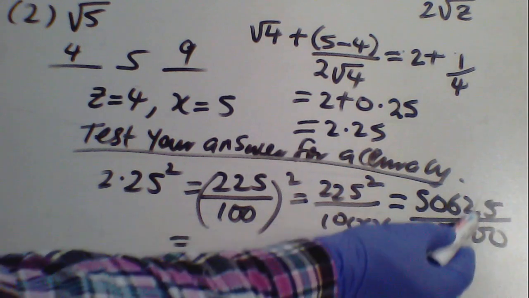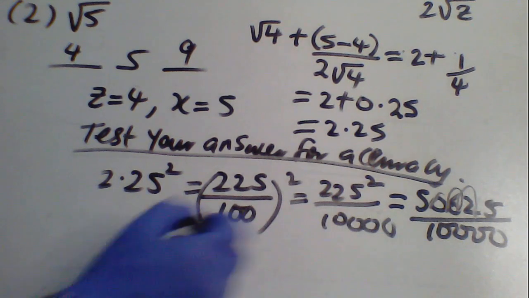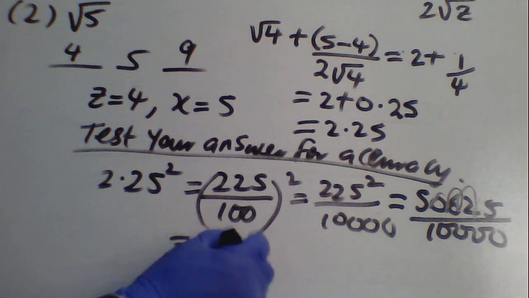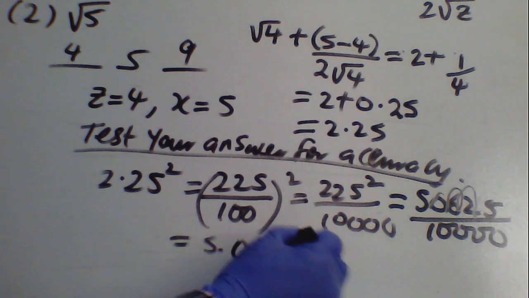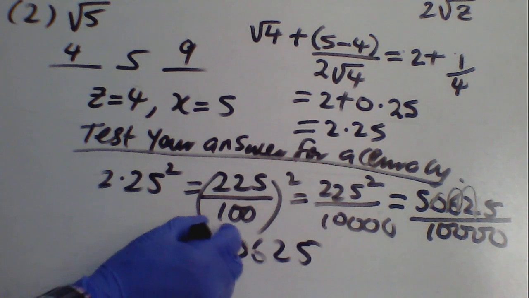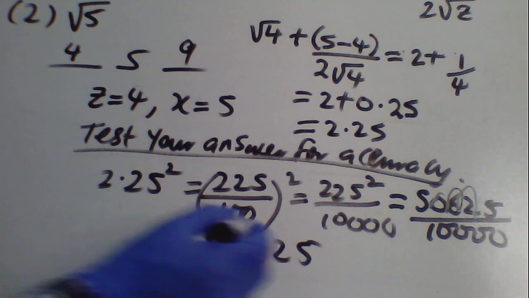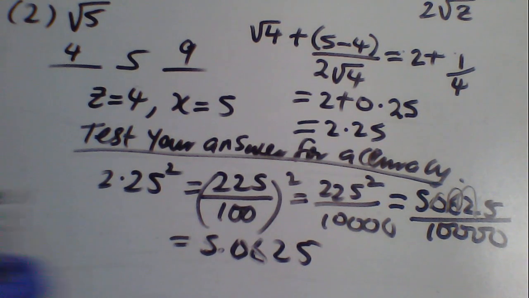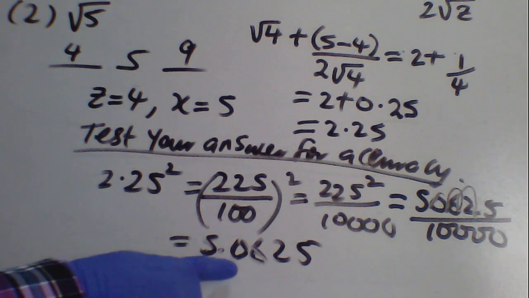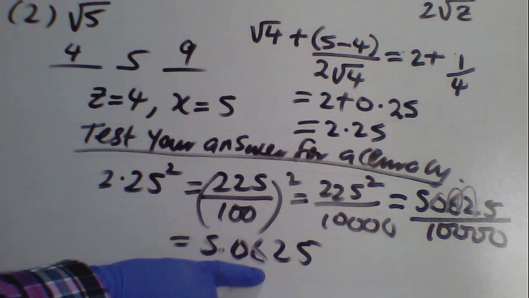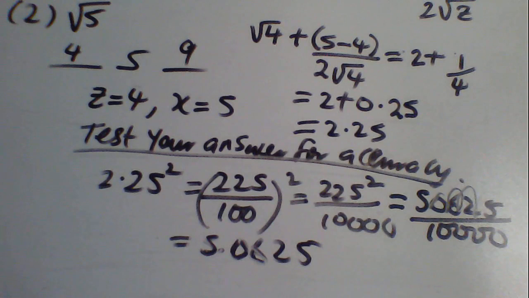So you move 1, 2, 3, 4. That gives us 5.0625. Looking at your answer, you see that the first digit is 0, but the second digit is greater than 5. So with it, you have to perform a digit adjustment.